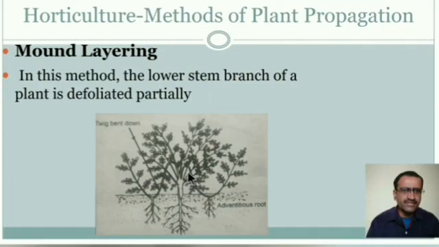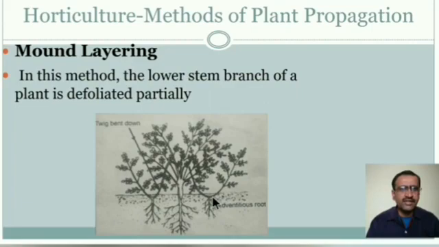This branch is bent toward the earth and some part of this branch is inserted into the soil. Some part of the branch is above the ground, some part is inserted into the soil, and some part of the branch is again above the ground. This is known as mound layering.